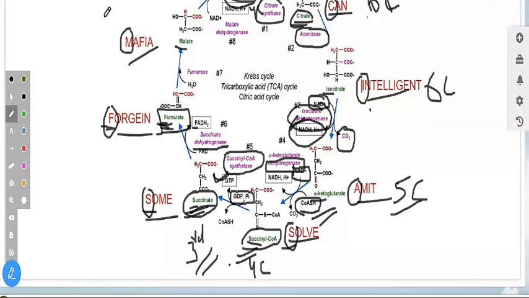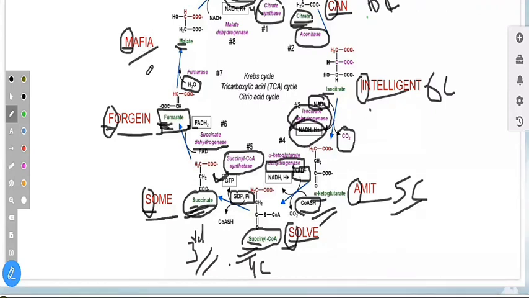Now the second last step of this cycle is the formation of malate from fumarate. Here M stands for malate. Now from fumarate, malate is formed. Only water is added to this substrate.